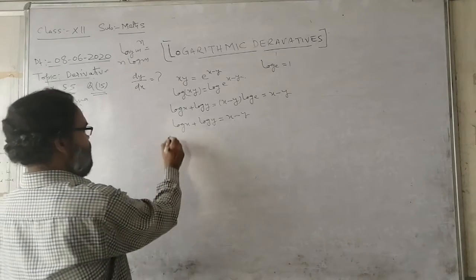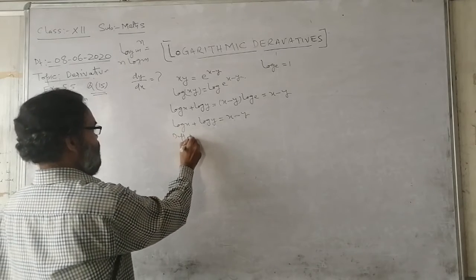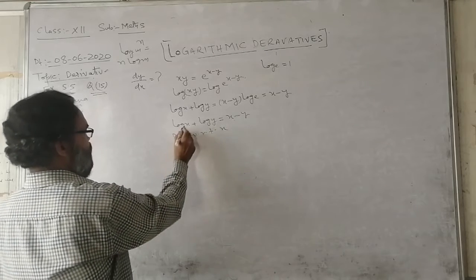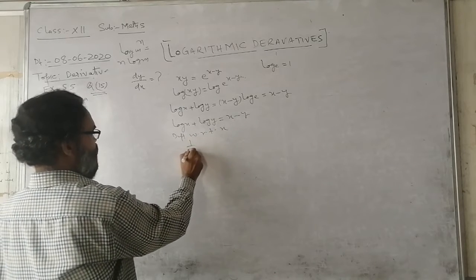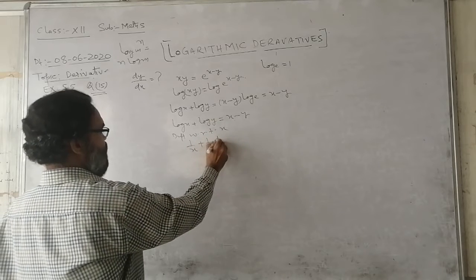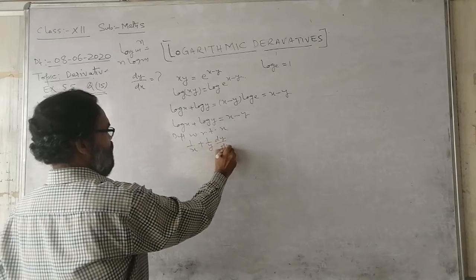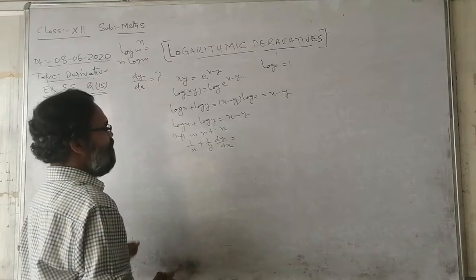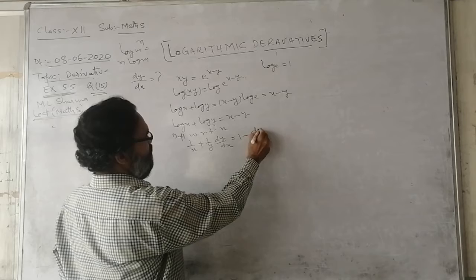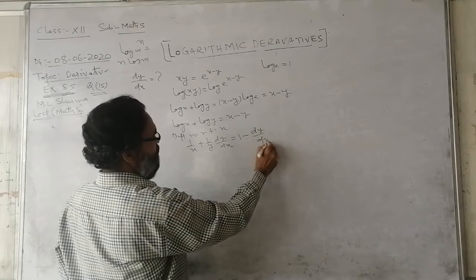So if I differentiate with respect to x, the derivative of log x is 1 upon x, the derivative of log y is 1 upon y into dy upon dx, and this equals 1 minus dy upon dx.